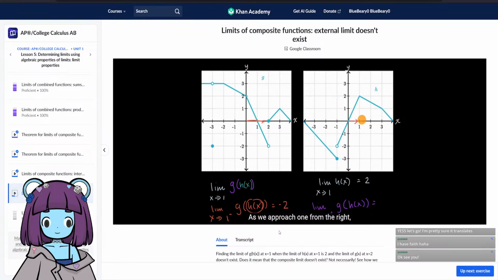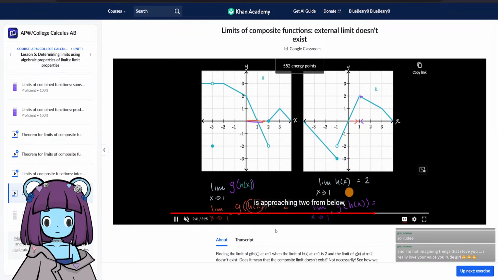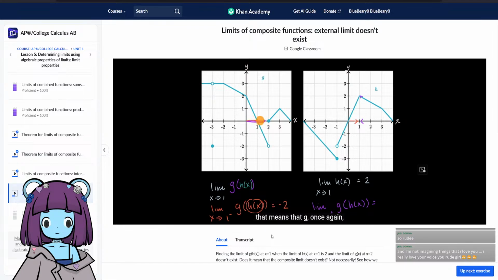Same thing, so you get the right, you get 2, and then you approach that from the right. Really, this case approaches 2.